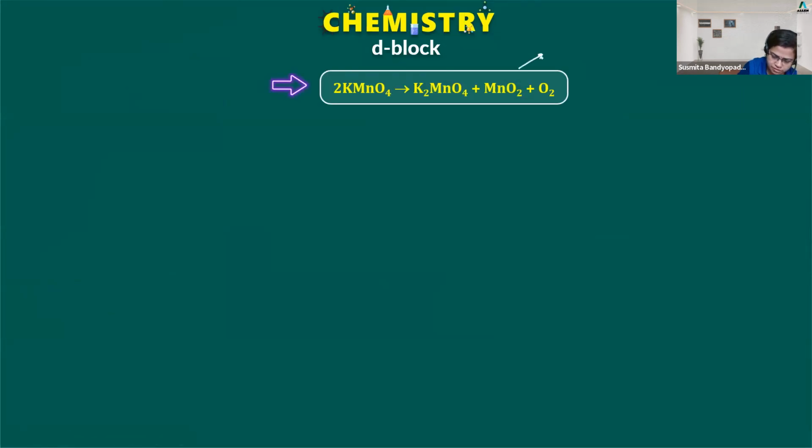Very important. Help me recollect. I'll go back to that slide also, that was also not done. Tell me, K2Cr2O7 decomposes to give what major things? K2Cr2O7 decomposes giving K2CrO4 plus Cr2O3.